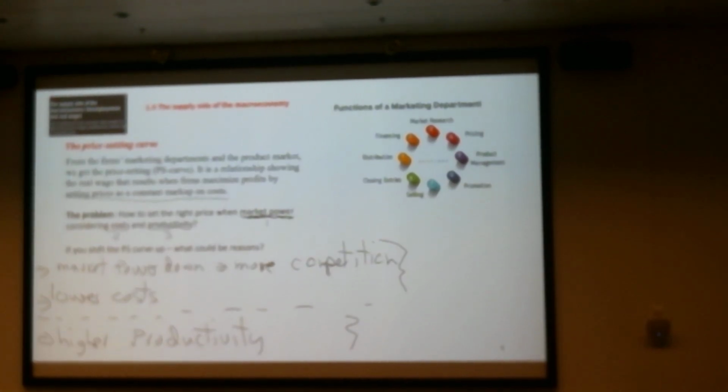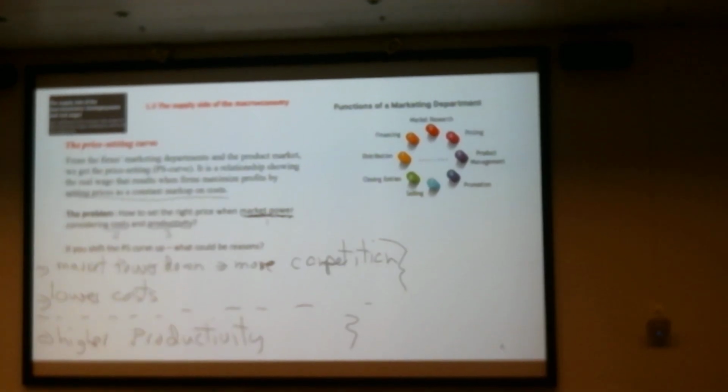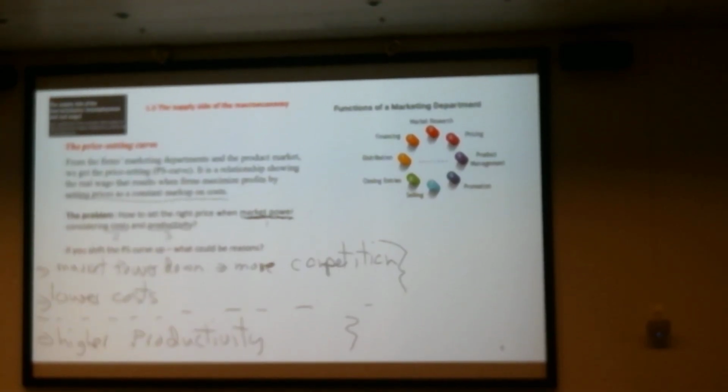What do we have to add if we say that the reason for this change is higher productivity? What is the difference? It is the profit curve. The other curve further up, you have to shift it up also.